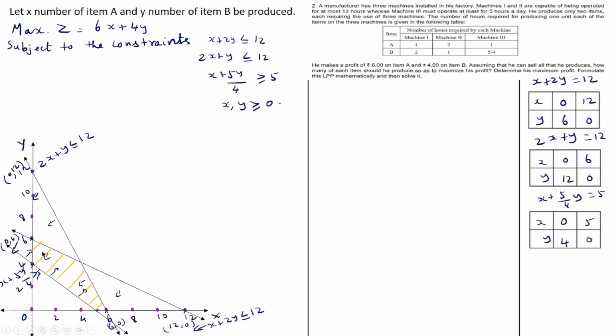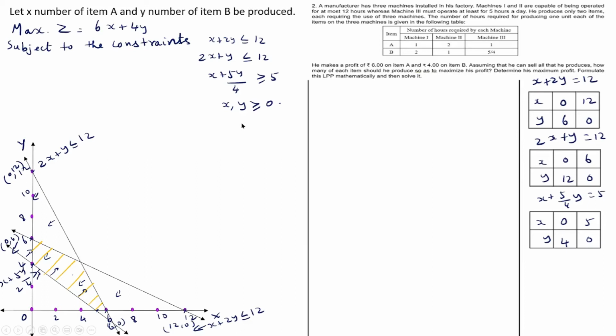So this is the feasible region. Any point in this region will satisfy all these inequalities. All the points in this feasible region are also called feasible solutions.